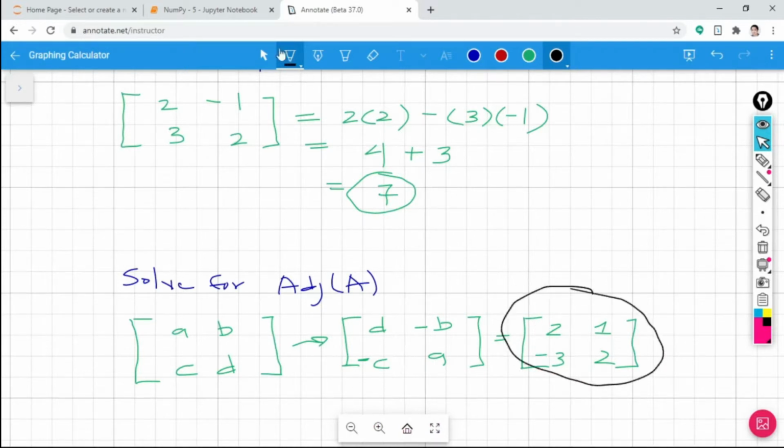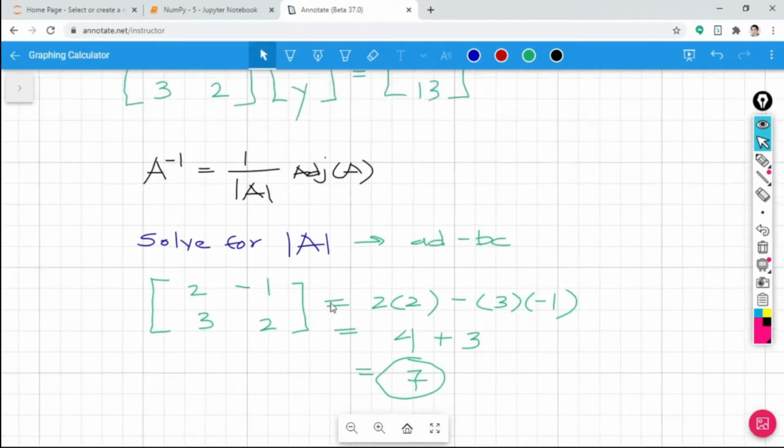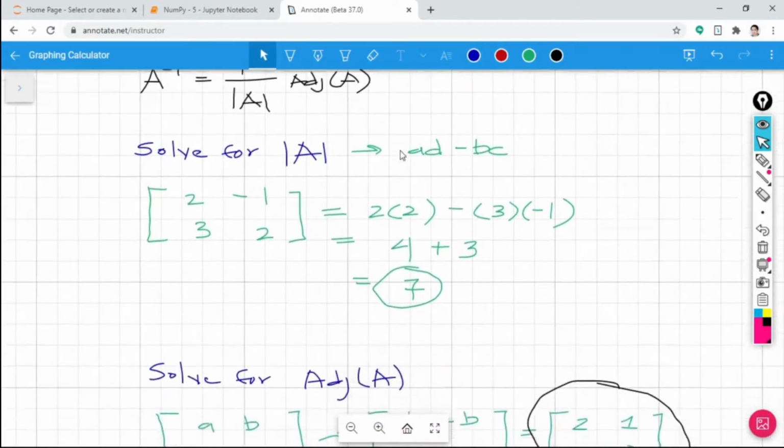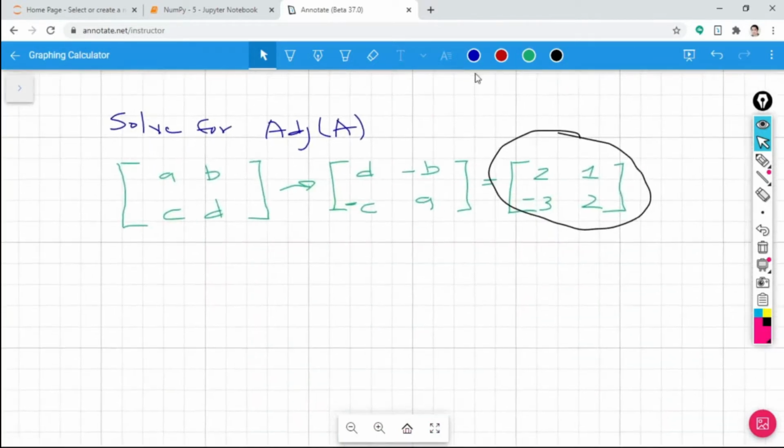Okay. So then the formula, if you remember, okay, so the inverse is the product of 1 over the determinant and the adjoint. So what we will do in order to solve for the inverse of the matrix, okay, it's just simply multiply our determinant, which has a value of I think 7.